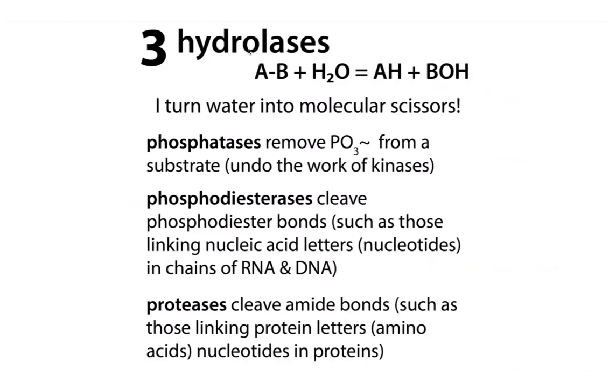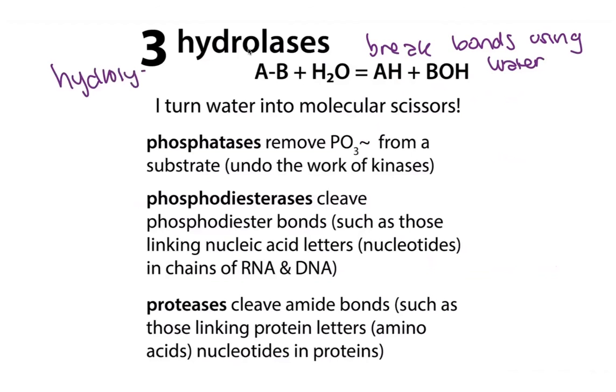Next, we have a hydrolase. A hydrolase is going to break bonds using water. So it's going to catalyze a hydrolysis reaction. Some common examples of this are our phosphatases, which kind of undo the work of a kinase.